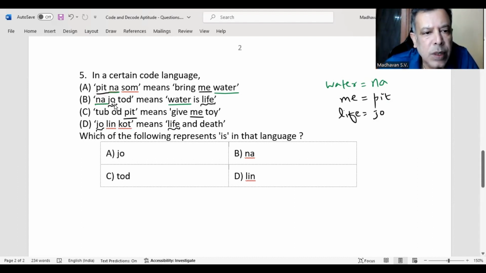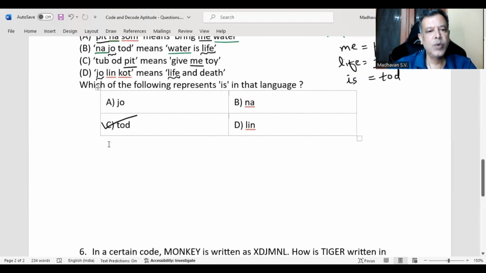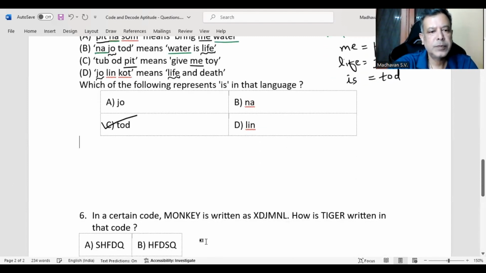Okay, so now water we already equated to na. Jo we already equated to life, which means Todd should be is. So which of the following represents is in that language? It should be option C. Let us move on to the next question.